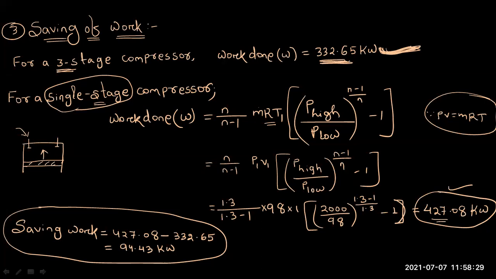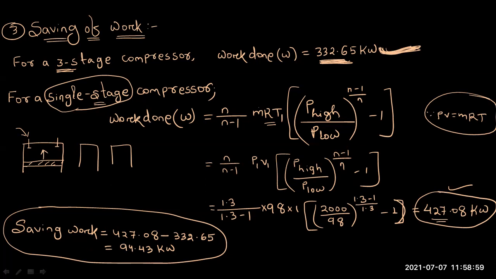If it is a single stage compressor, how much work will this piston do on the air? It will do 427.08 kilowatt. But if it is a 3-stage compressor, then the total work done by the piston to compress the gas will be only 332.65 kilowatt. Means it will be less work to compress the air in the case of a multi-stage compressor.